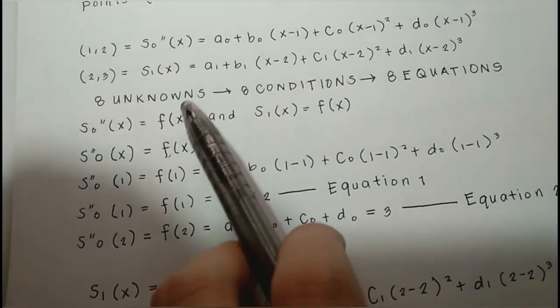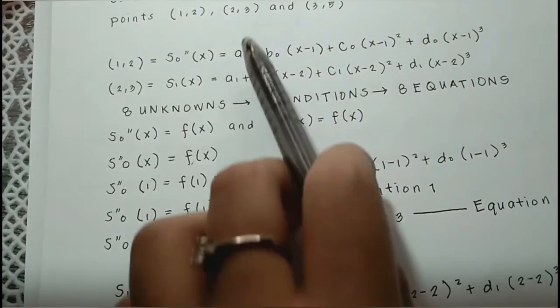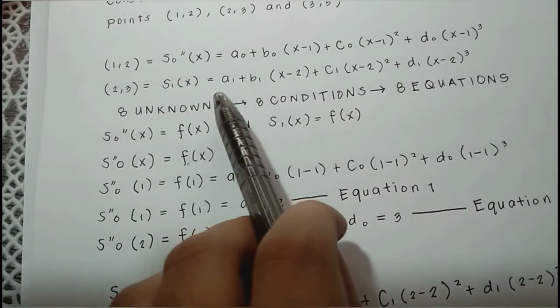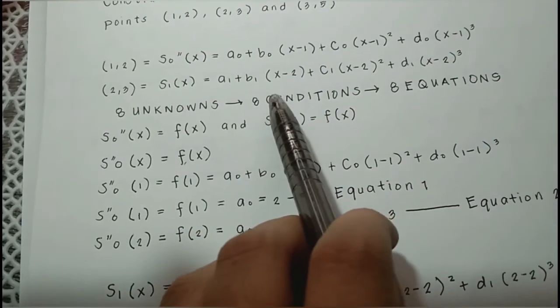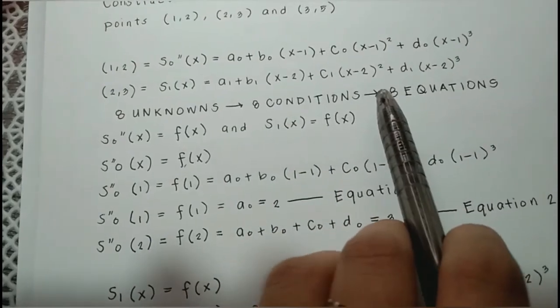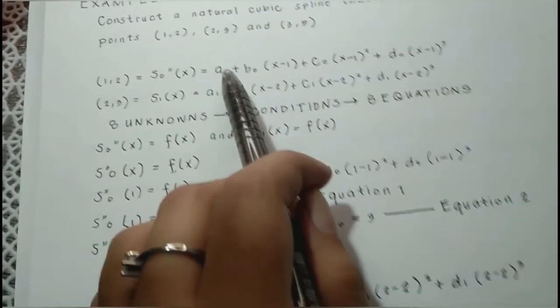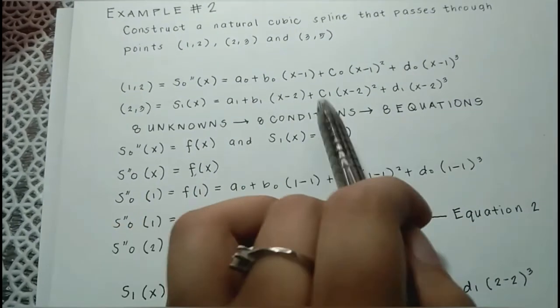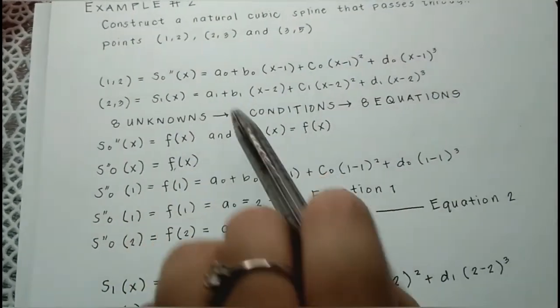Then after getting this second interval and first interval, we already know that we have 8 unknowns. So 8 unknowns needs 8 conditions, and if we have 8 conditions, we have 8 equations. So here are the 8 unknowns: a node, b node, c node, d node, a1, b1, c1, and d1.